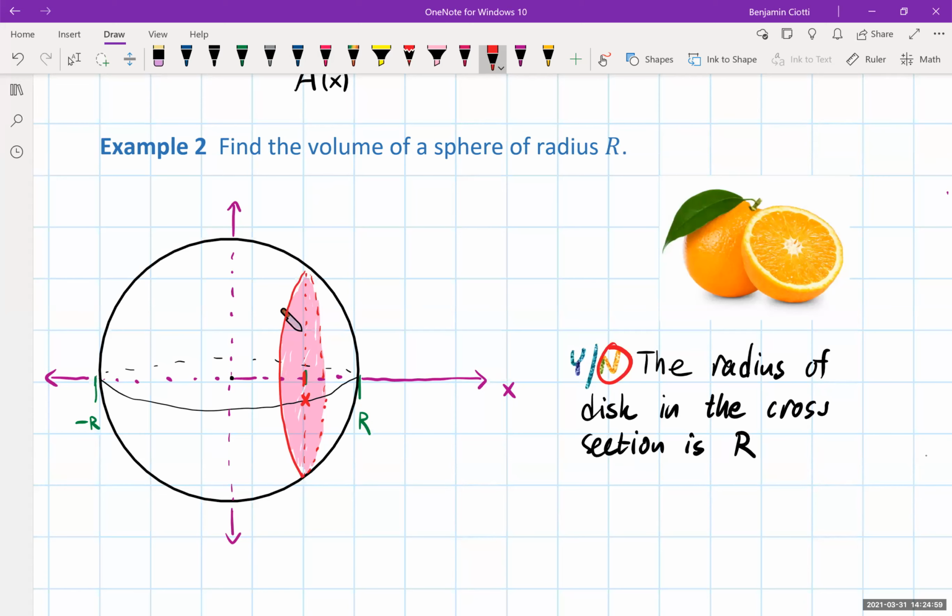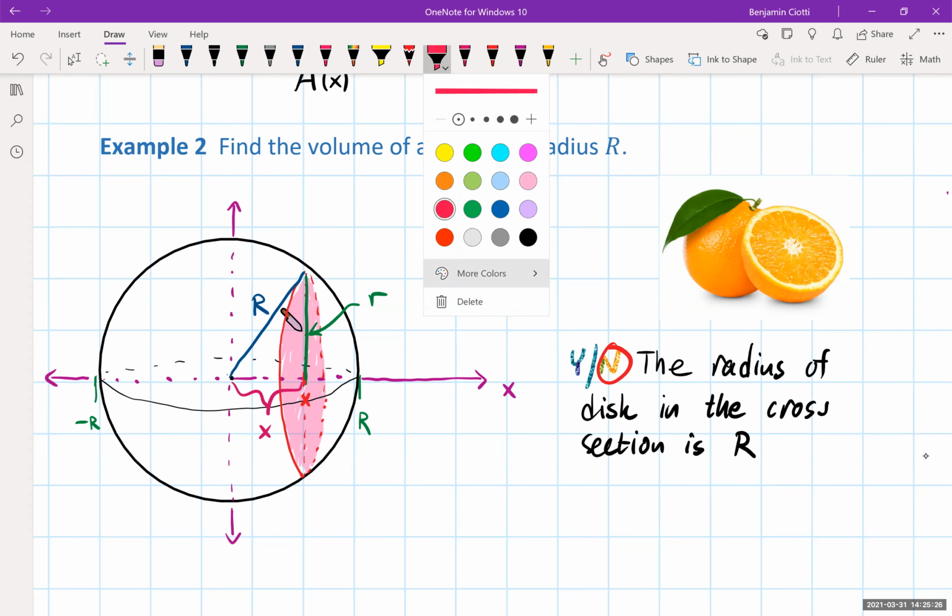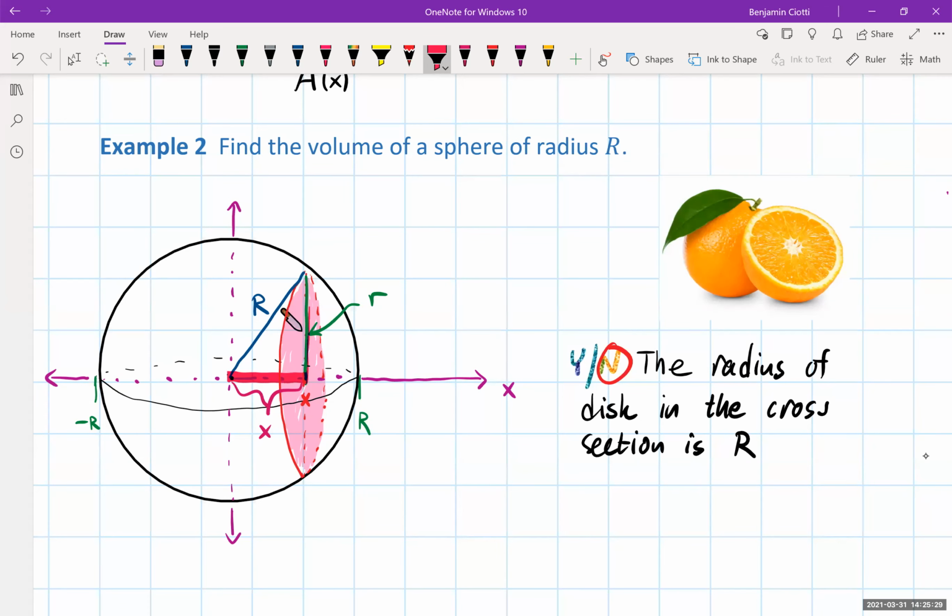Okay, so let me give it another name. Let's call it little r. Now I can figure out what little r is because I know that the radius of the sphere is big R, and moreover, this distance right here is x. So I have a right triangle right here.